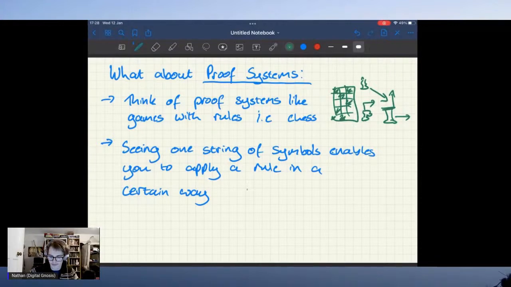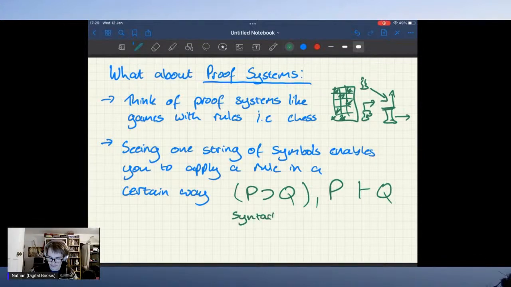You can apply rules over and over again, and if something happens, it's syntactically valid. And if something doesn't happen, it's syntactically invalid.